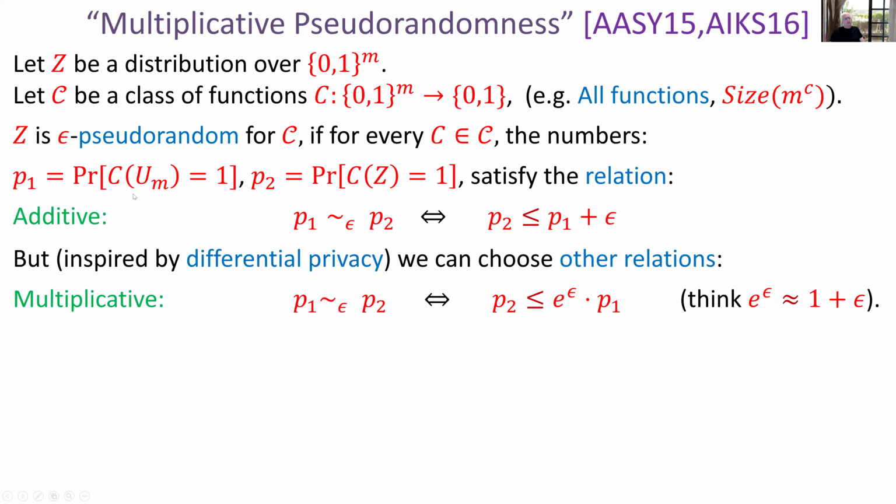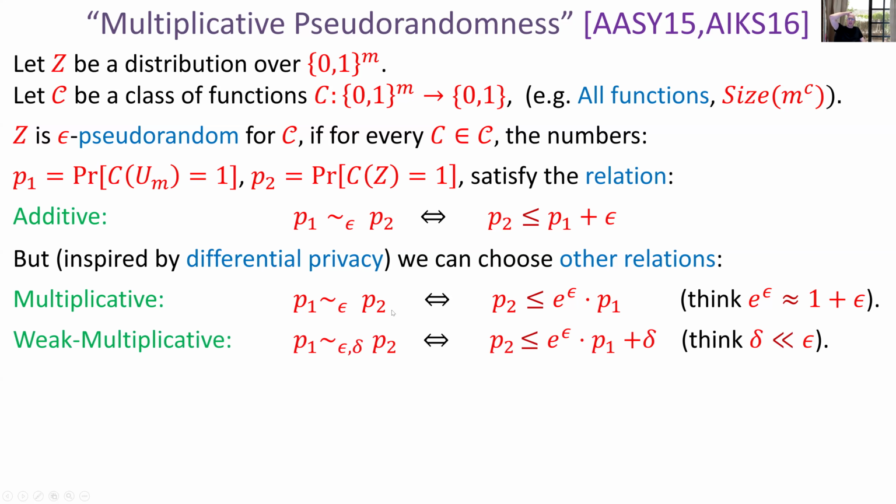For example, in differential privacy, they use the following multiplicative relation, where two numbers P1 and P2 are close up to epsilon if P2 is not larger than e^epsilon times P1. Think of e^epsilon as 1 plus epsilon, which is roughly true. So this is a multiplicative notion, that P2 is less than P1 times 1 plus epsilon rather than P1 plus epsilon.